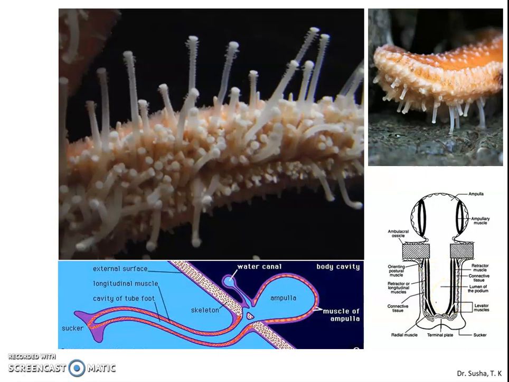As the podia stretch, they can use their suckers to attach to the substratum farther away from their previous point of attachment. This results in a slow but powerful form of movement. Water from the ampulla will never enter into the lateral canal because of the presence of valves.